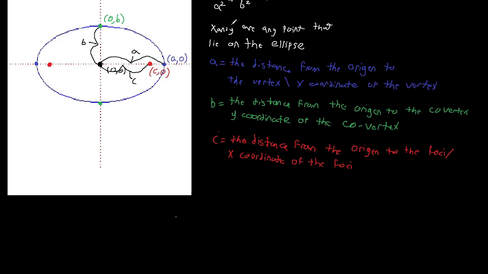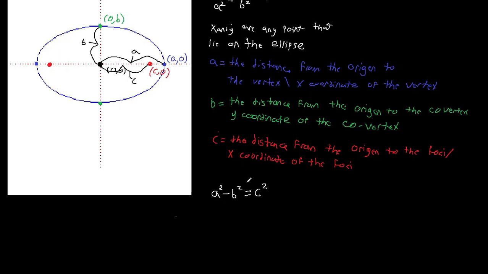But if you walk through all of the steps, you'll see that the relationship is that A squared minus B squared equals C squared.